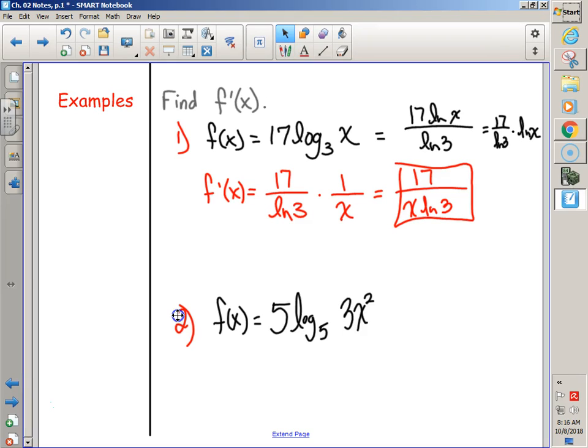Okay, go. You can either rewrite or you can try to go straight to the rule. Either one's fine. Some of you guys have already practiced the rule, which is really nice.